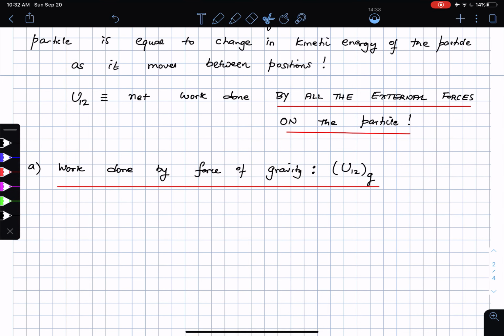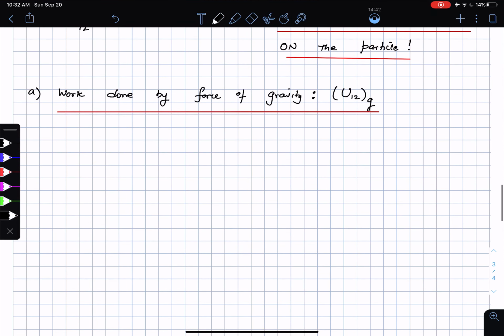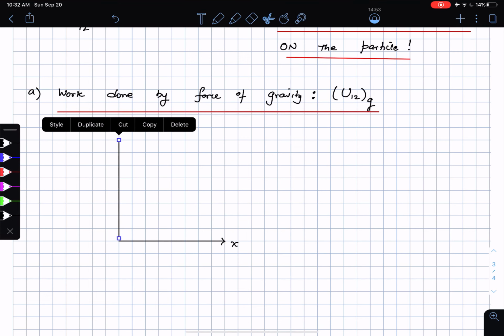So this is U12G, and to do this, let me consider a particle that is traveling along some arbitrary path. Look at this. I'm considering only the effect of gravity. So this is the x-axis, and my x-axis has to be perfectly horizontal, right? This is the x-axis, and this is the y-axis here.